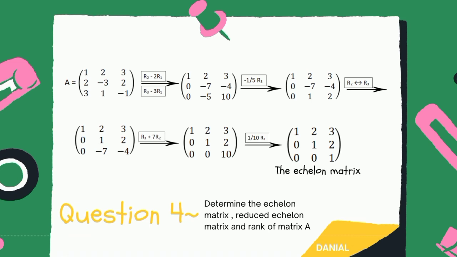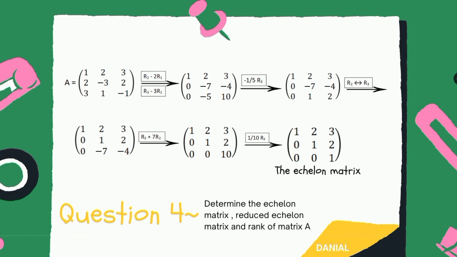Next, negative 1 over 5 row 3. So we just multiply negative 1 over 5 with row 3 and we will get 1 2 3 0 negative 7 negative 4 0 1 2. Next, row 2 change with row 3. So we just change the row 2 to row 3 and row 3 to row 2.